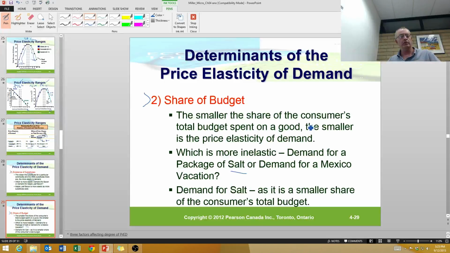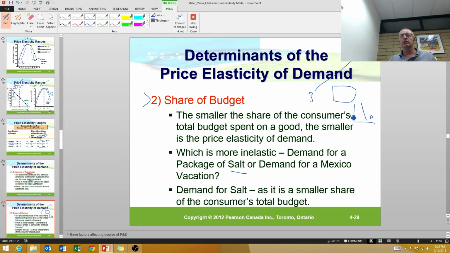Table salt is very inexpensive. So even if the price of a box of salt went from $3 up to $12, because we tend to consume very little salt, the demand curve will be relatively steep.